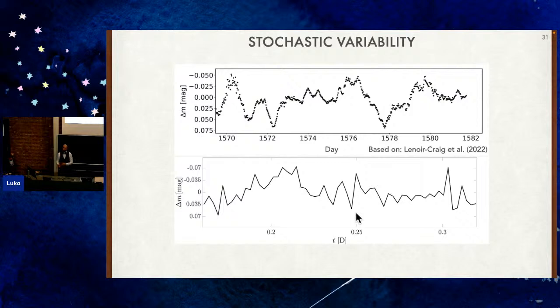We can translate the variation of temperature into variation of brightness. On top, I show again the observation from the beginning of the talk. At the bottom, I show a similar light curve obtained from the simulation. Firstly, the amplitudes of such variations are roughly similar, and the models share a similar stochastic nature.